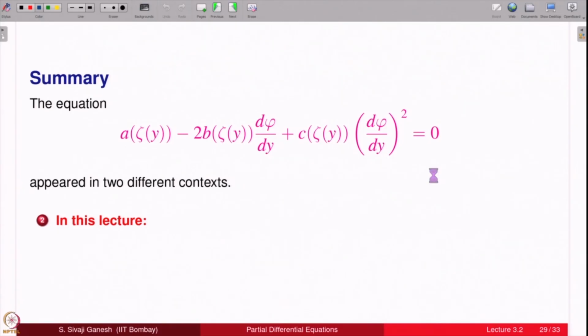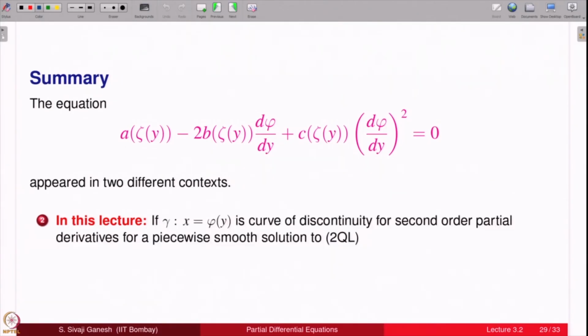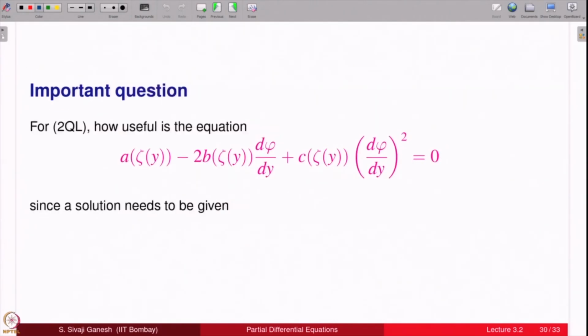In this lecture, if gamma given by x equal to phi of y is a curve of discontinuity for second order partial derivatives for a piecewise smooth solution of 2QL, as in the theorem that we have stated today, then phi solves the above ODE.